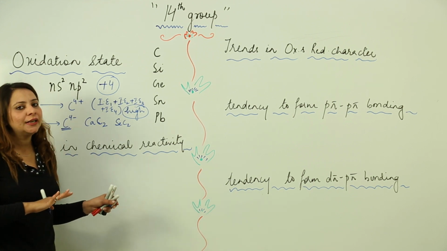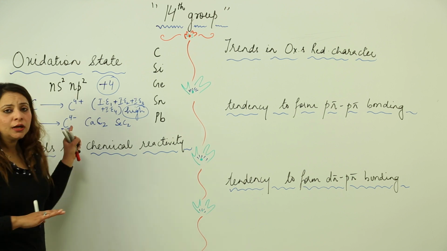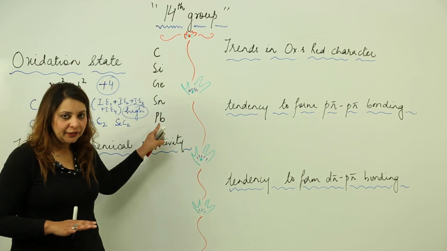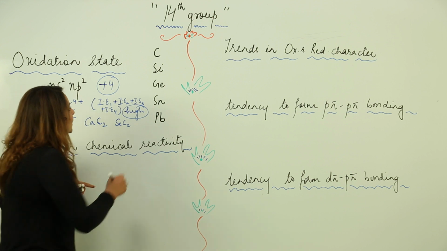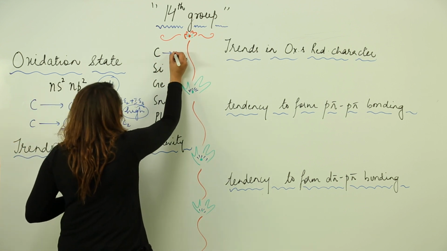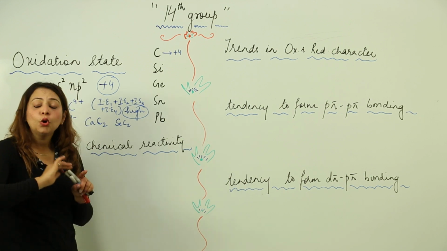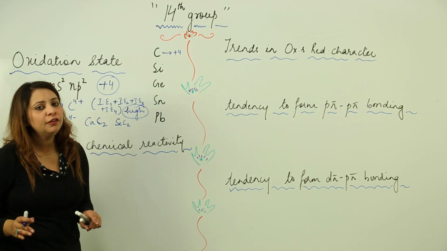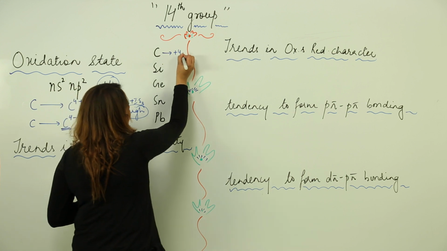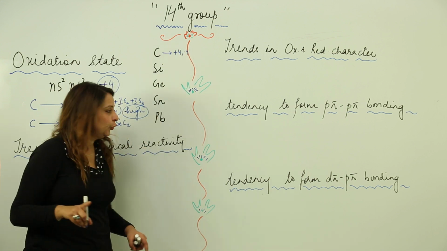Otherwise, it is also energetically unstable. So if we talk about the oxidation state of these elements of the carbon family, we see that carbon exists in a state of +4, though it is energetically not favorable, but we have seen that it may exist in +4 or -4, right.